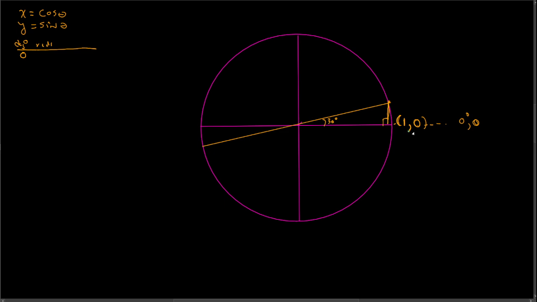So we'll make it a coordinate pair. Now when I move up to 30 degrees, cosine was √3/2, and sine was 1/2.